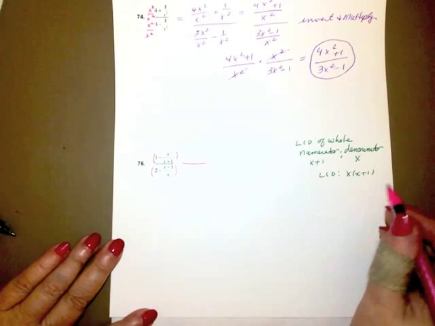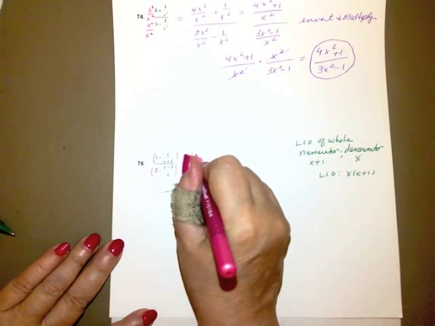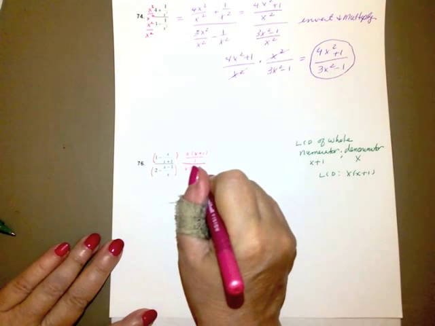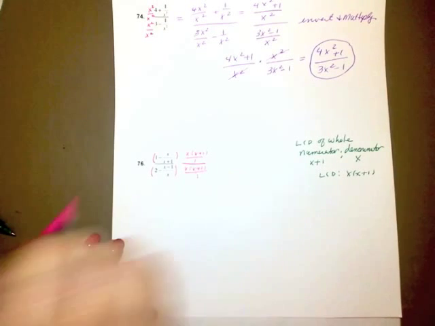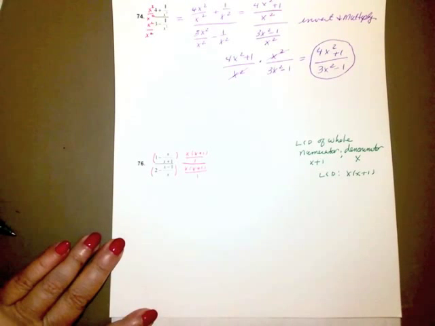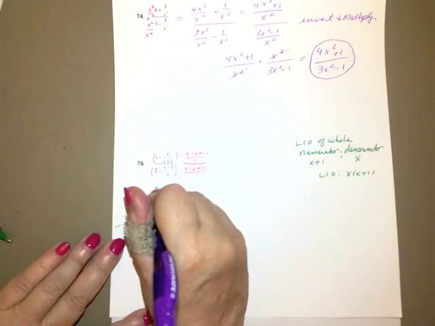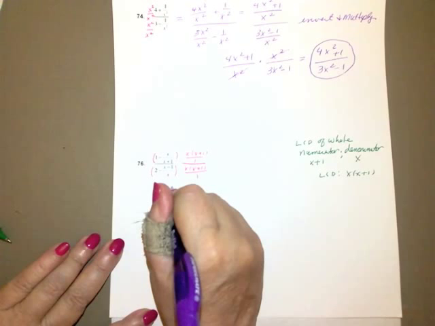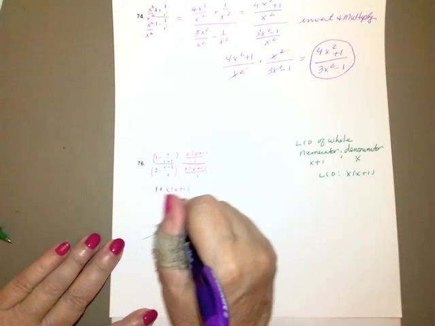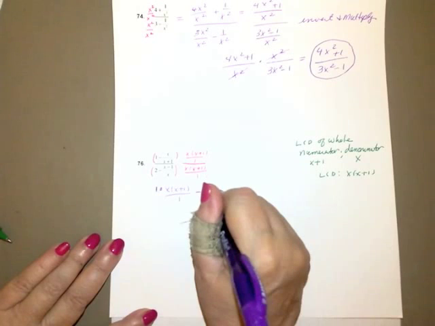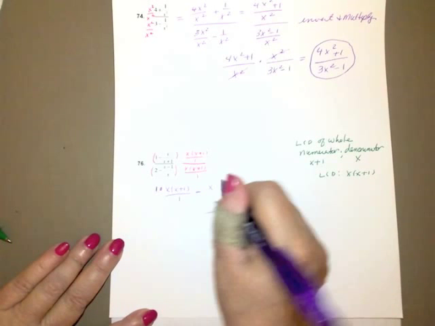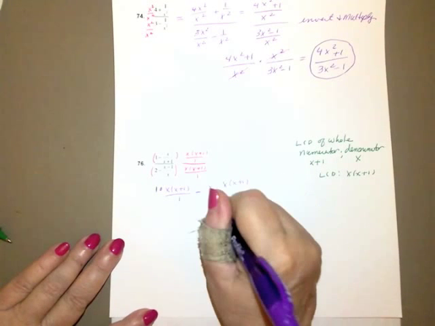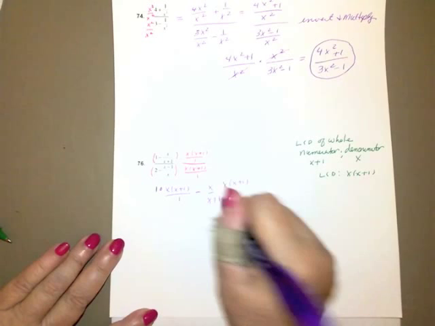And in this case, I'm going to multiply by x times x plus 1 over 1, x times x plus 1 over 1. Using the distributive property, I'll get 1 times x times x plus 1 over 1 minus x times x plus 1, and this is x over x plus 1.